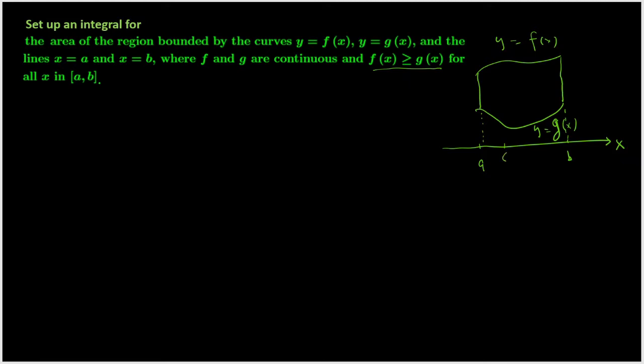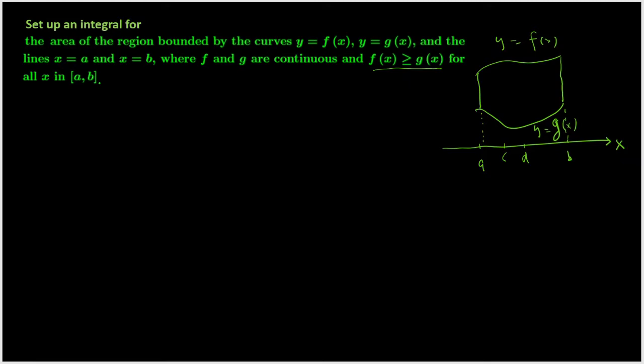Say this point has x coordinate c, and this point has x coordinate d. So we have a subinterval [c, d] of [a, b]. The condition is that every subinterval, say the one from c to d, corresponds to a partial value of Q, the total area.